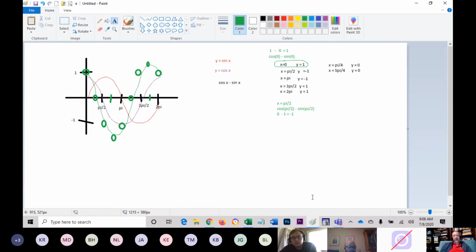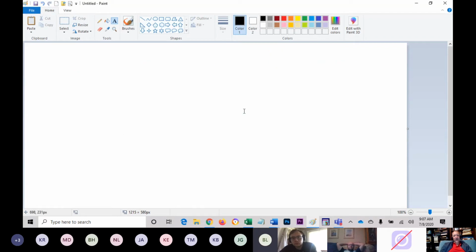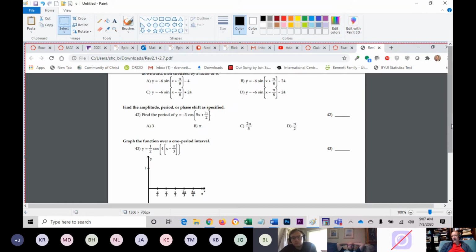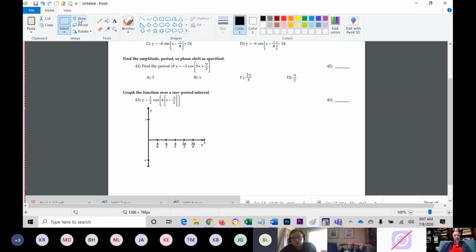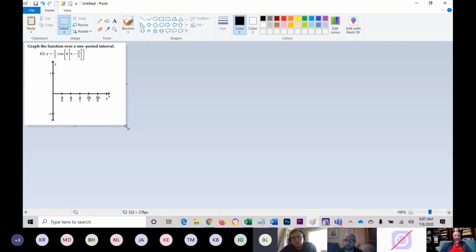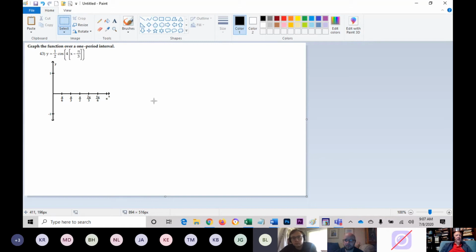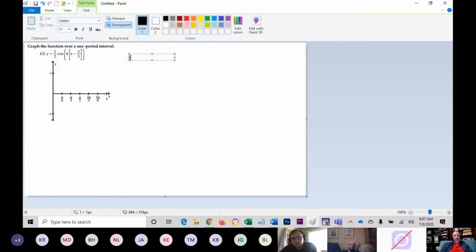Do you care if I erase this stuff here? Anybody care? I don't mind. Fine by me. Okay, here's what I'm going to do. I'm going to crop this and make it bigger. The nice thing is we've got all these values here, and a nice little chart here. So let's talk about the amplitude, the period, and the phase shift.